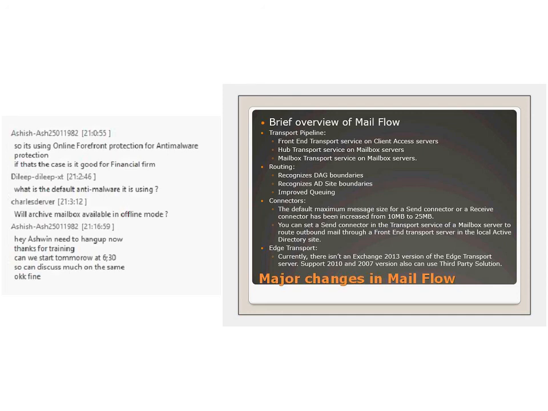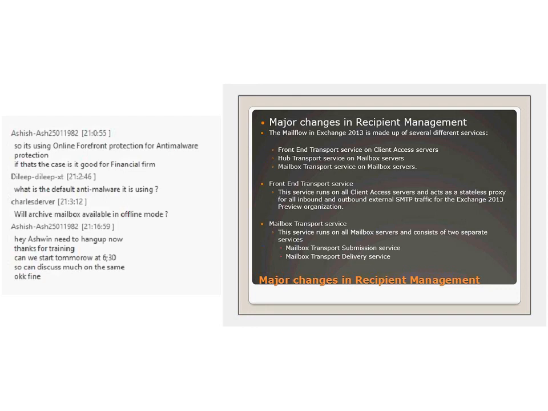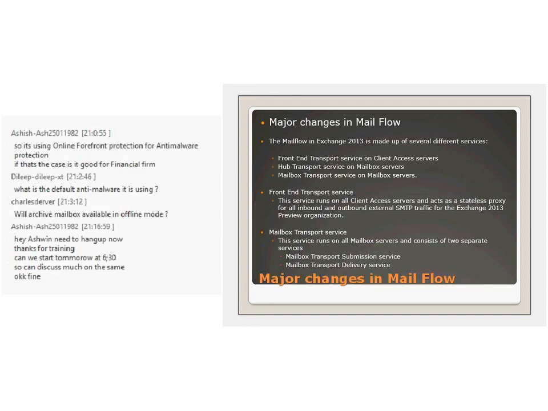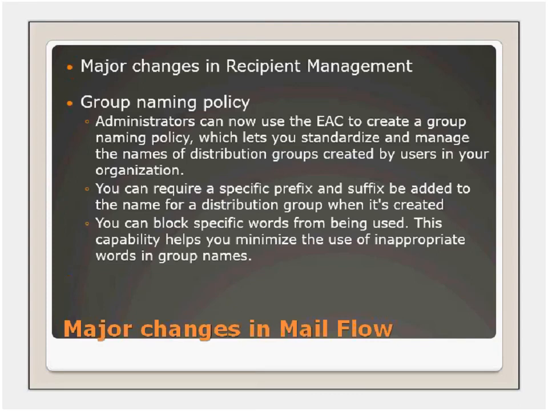So that's about the mail flow. Once that is done, we should go forward with the last portion of what we're going to discuss today, and that is recipient management.